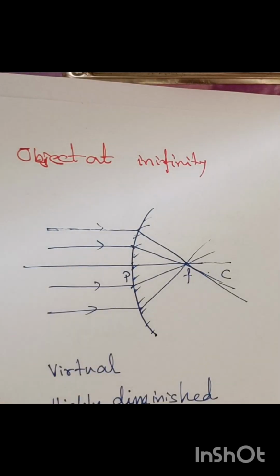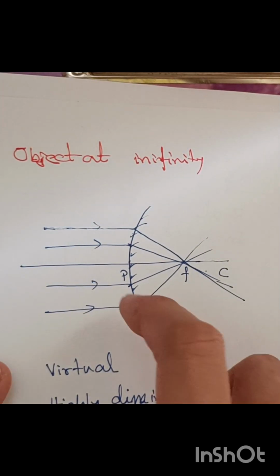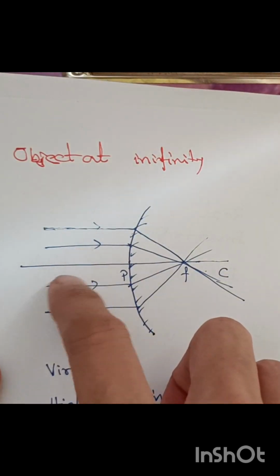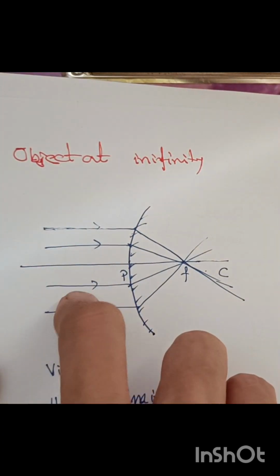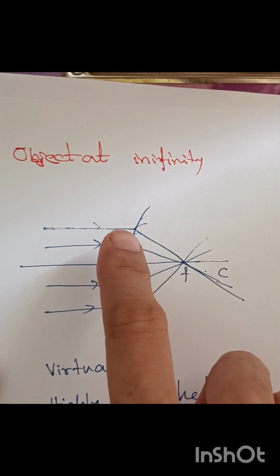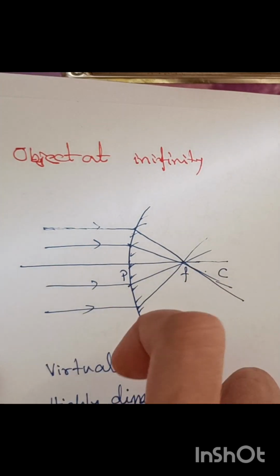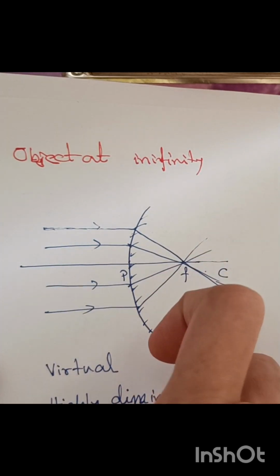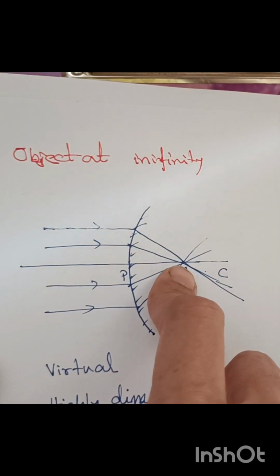For the convex mirror, there are two cases. See here, when the object is at infinity, the rays come as parallel rays, and after reflection they will meet inside the mirror on the principal axis, that is the focus point of the convex mirror.